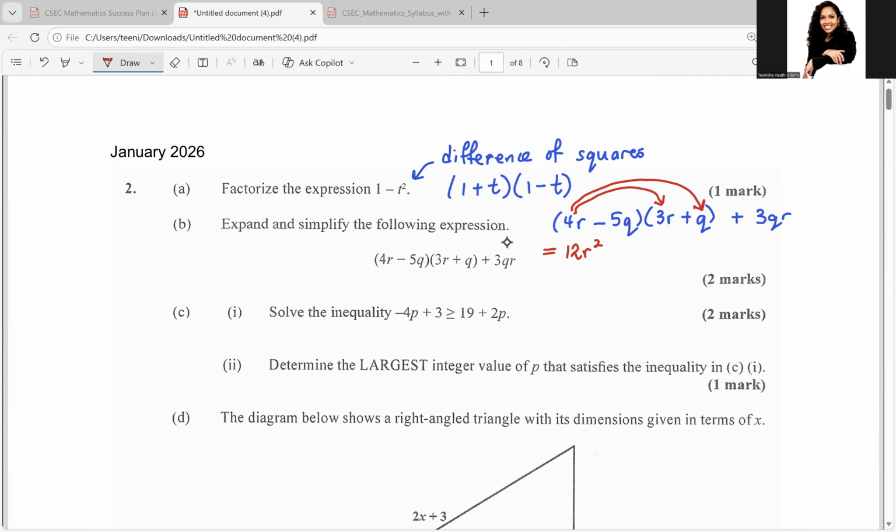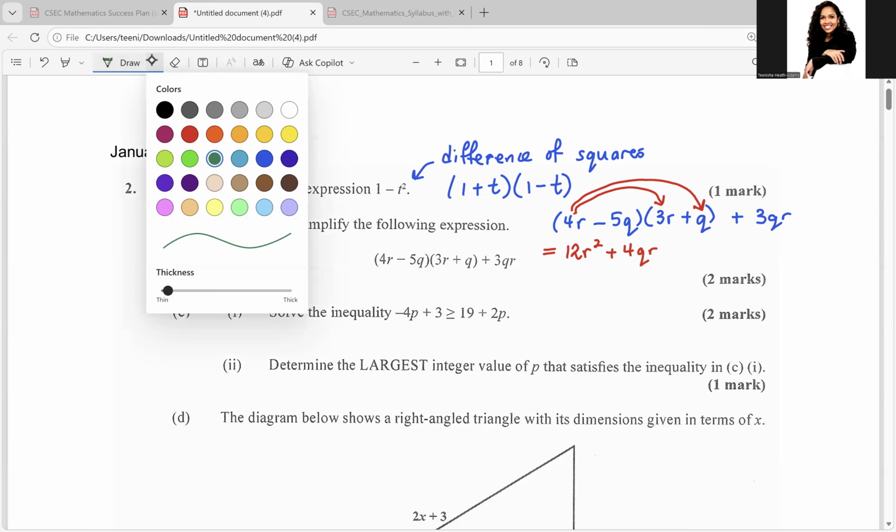So rq is equal to qr. So 4r times q will give me plus 4qr. I'm just using qr because that's already given in the question, right? Now, the second part is I take the second term in the first bracket. Now, this is negative 5q.